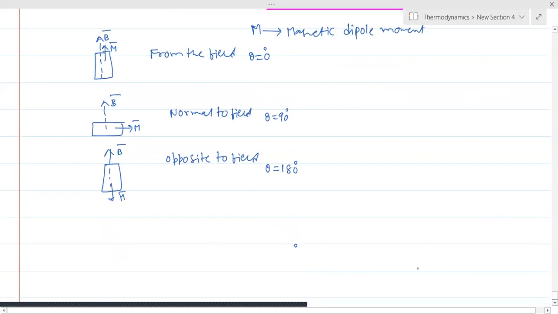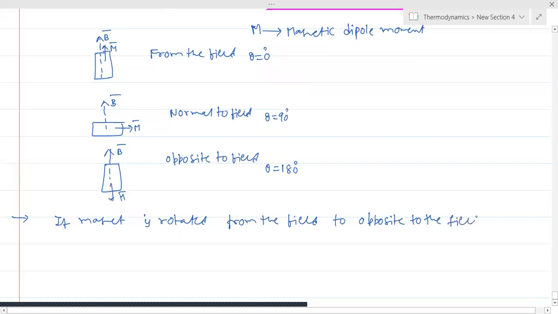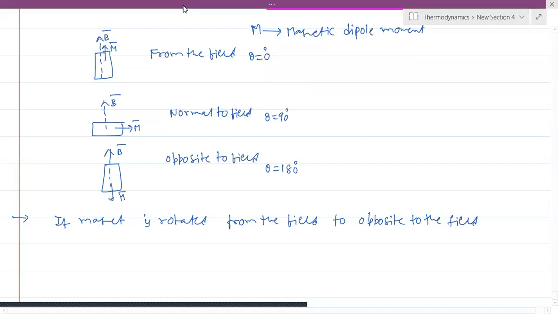So this is useful in problems like this. Suppose the magnet is rotated from the field to opposite to the field. So you need to analyze this situation.